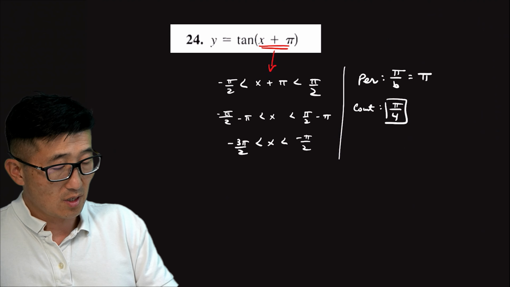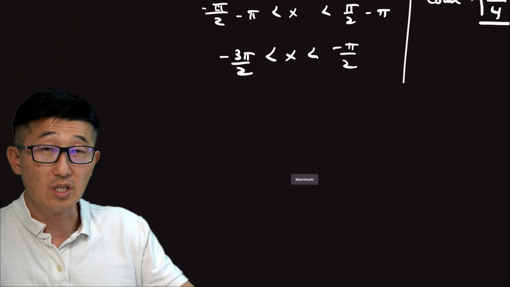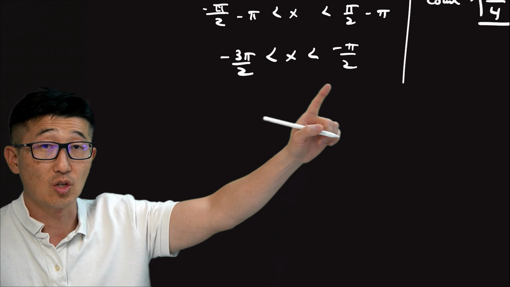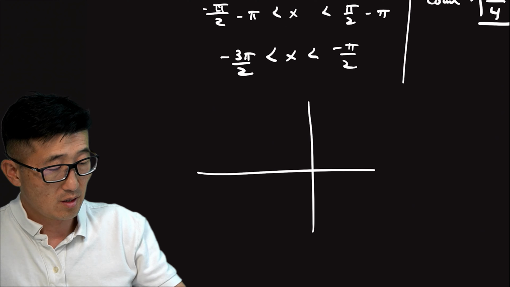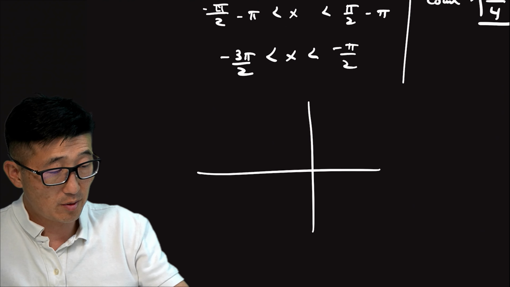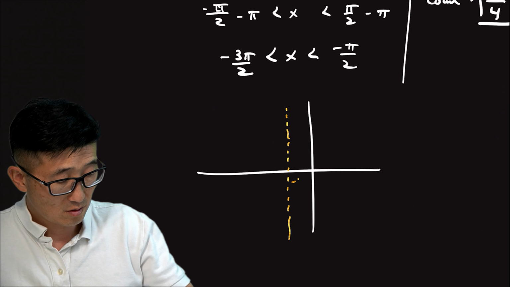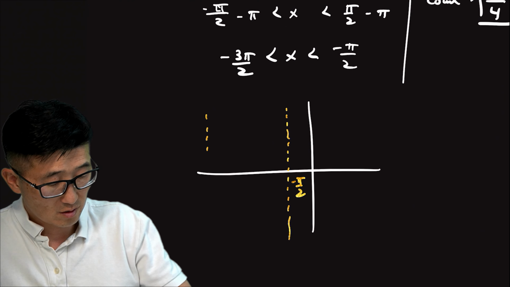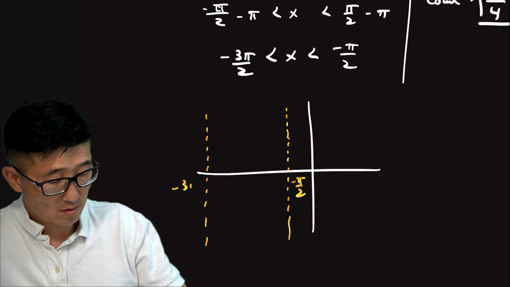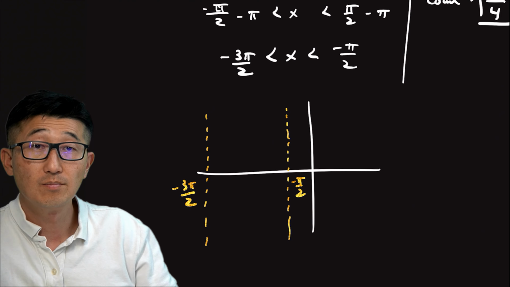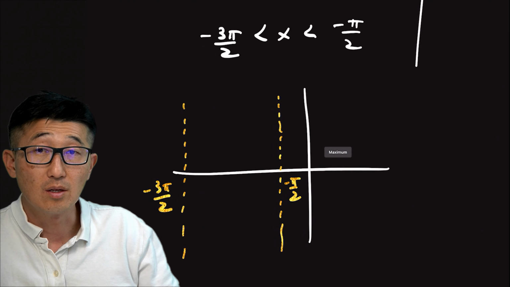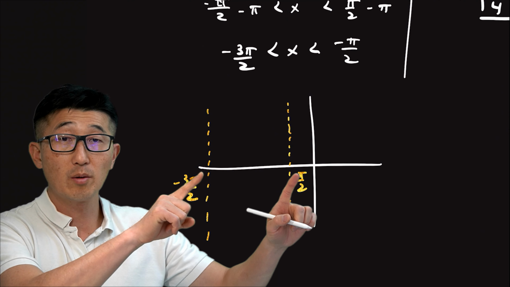Alrighty, so here we go. So these two numbers are my x asymptotes. Now both are negative, so that means it's going to be on the left side, right? Yes, so negative 3 pi over 2, and then negative pi over 2. And then would I need to leave room for 4 dots in between? No, 3, because remember, these two are my end dots.